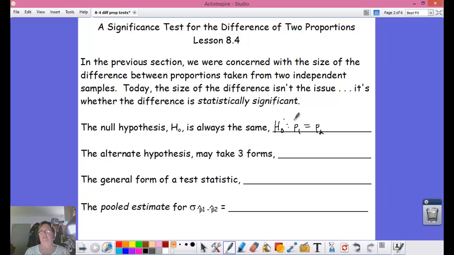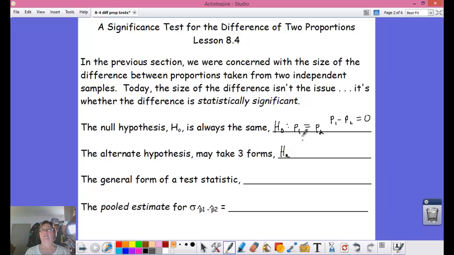Now, if you wanted, you could say that same thing by saying that the difference between them, P1 minus P2, would be 0. It's up to you which way you phrase it. I happen to like this one better because it's in keeping with that idea of comparison. The alternate hypothesis can take three forms, and that's not any different than we've used before.